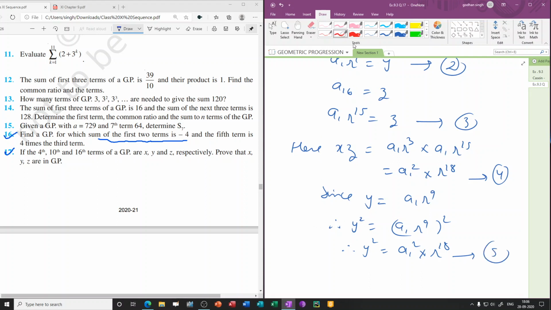Now let us compare equation number 4 and equation number 5. So what is xz? A1 square into R raised to 18. What is y square? A1 square into R raised to 18. So both are equal.